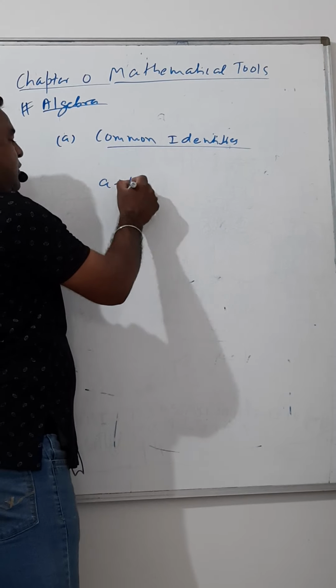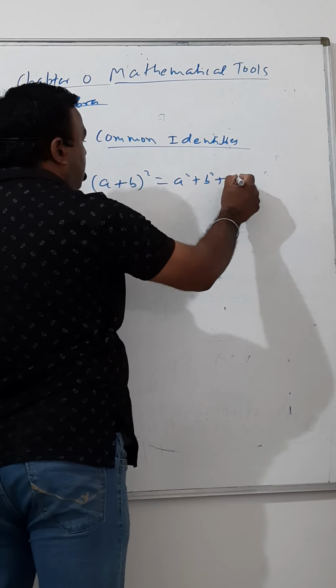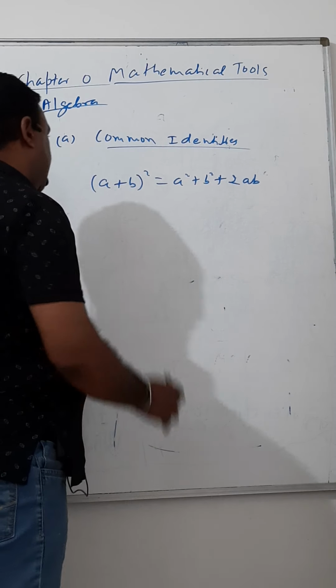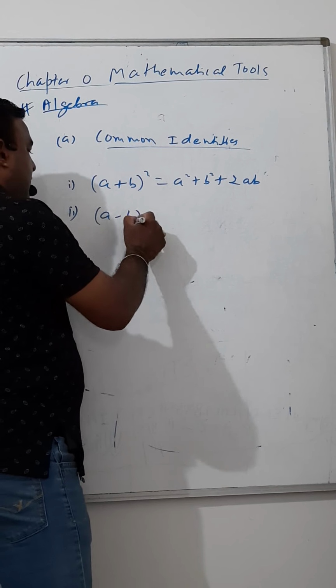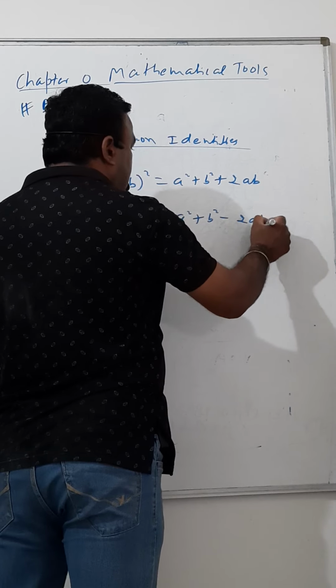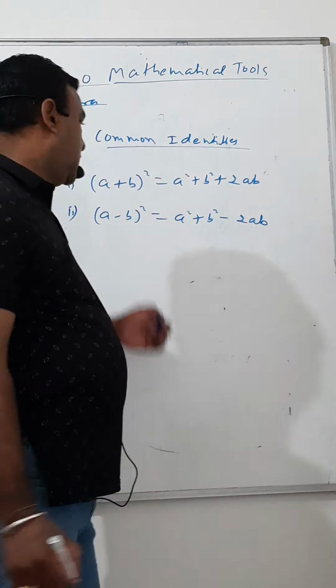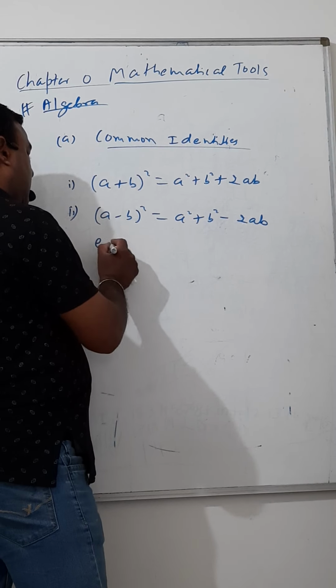Few formulas you are very much aware of. (a plus b) whole square is a square plus b square plus 2ab, (a minus b) whole square is a square plus b square minus 2ab. You know it very well, but sometimes in physics you need to use these formulas in this form.